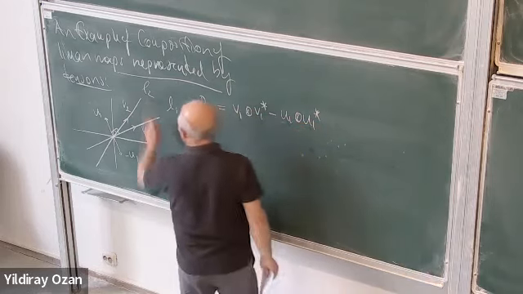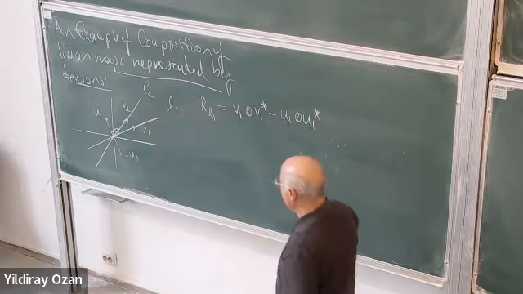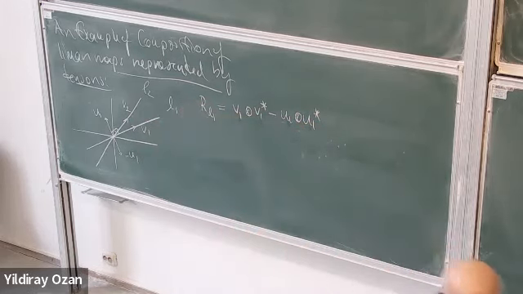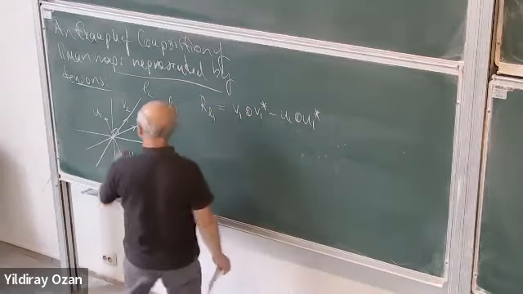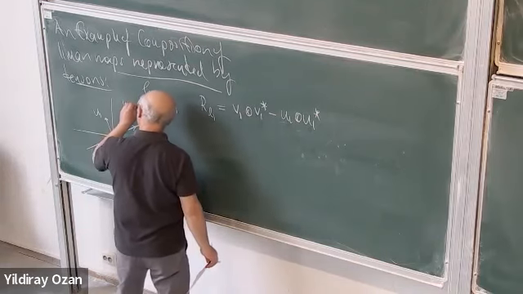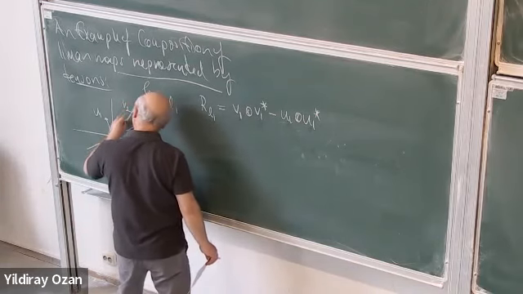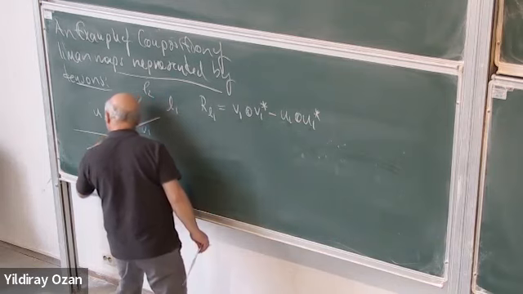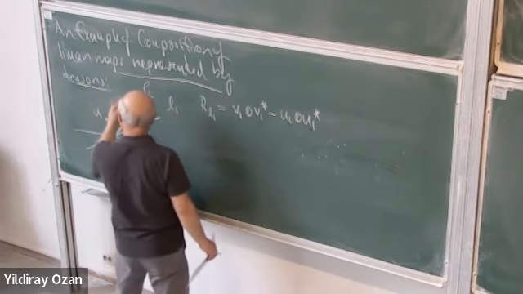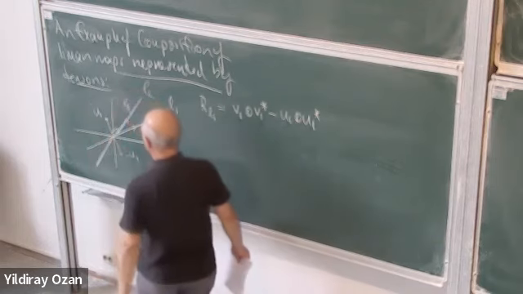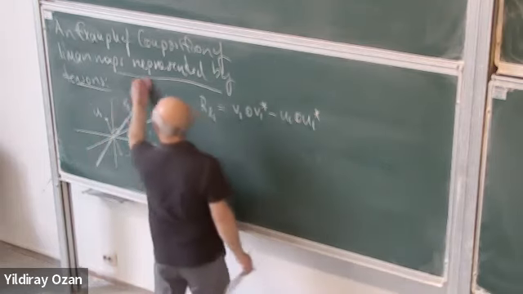And L2 is this gadget. Well, maybe I should draw L2 in a different color. Let's say L2 is this line. Take V2, and this is L2.